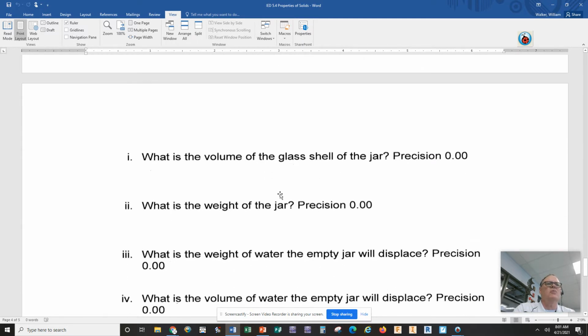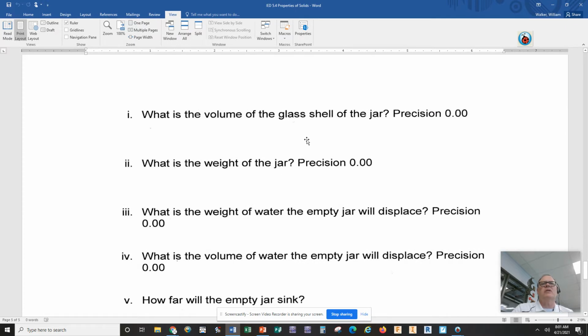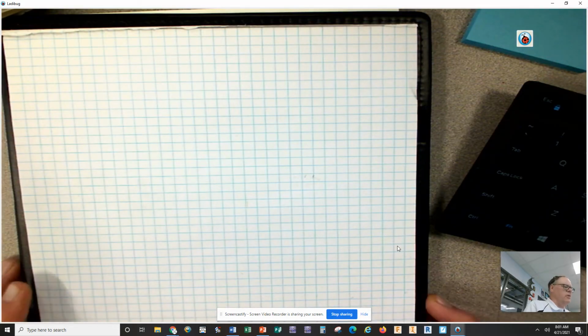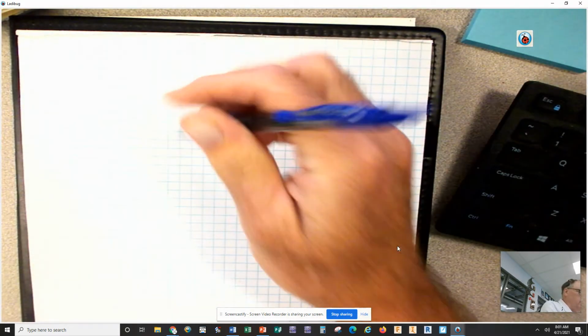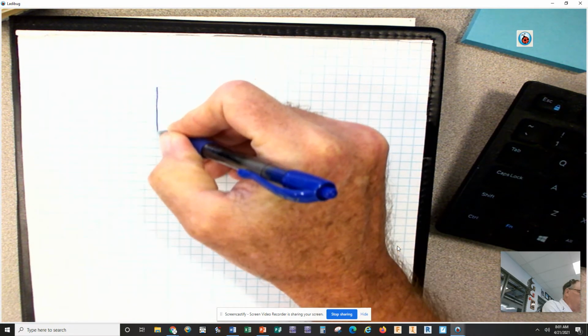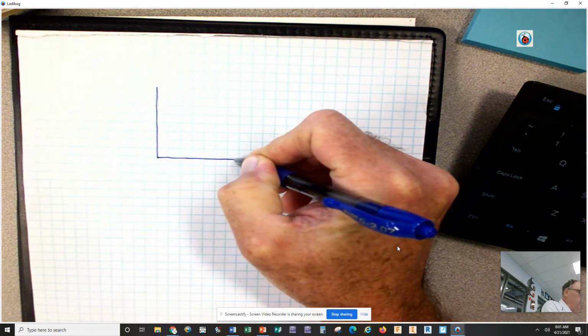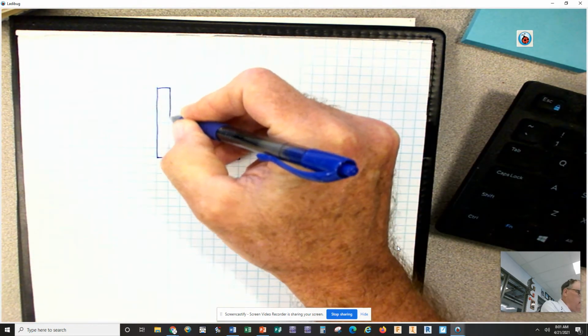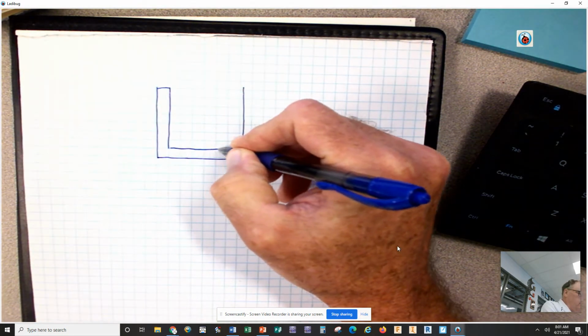So let's look here at number 1. What's the volume of the glass shell? Now I want to show you over here on the actual document camera what we're talking about. We have an outer part of the glass here, and then you have the inner part of the glass.